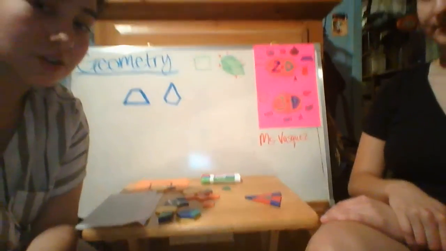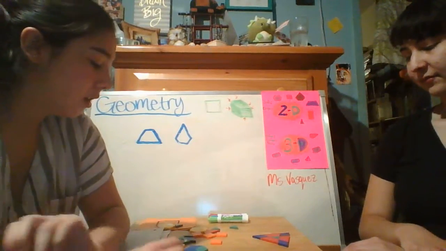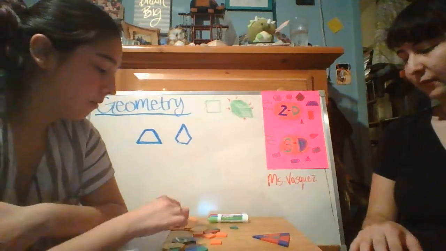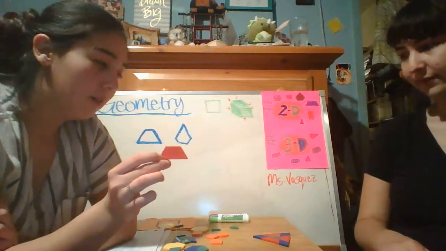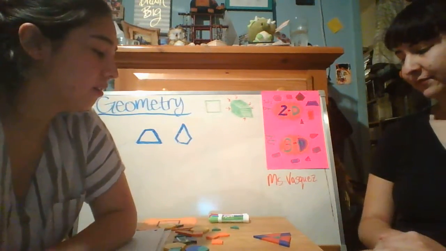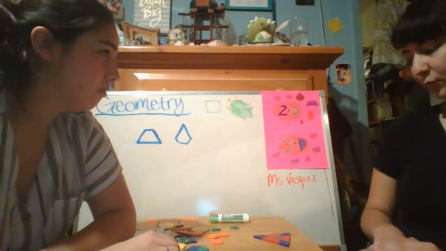Okay, let's see what Lori, she actually made a larger triangle. Now, for that smaller triangle, how many green triangles did you use? 1. And how many trapezoids? 1. Okay, and for this larger triangle, how many green triangles did you use? 1.